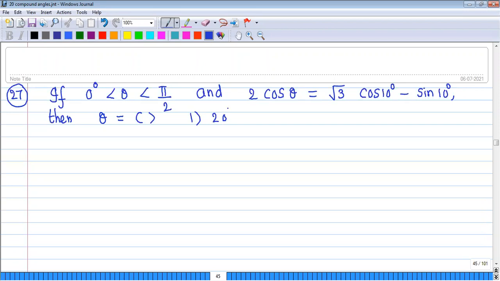First option 20, second option 70, third option 40, fourth option 10.